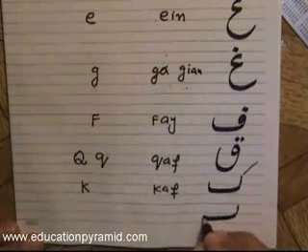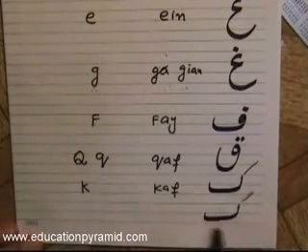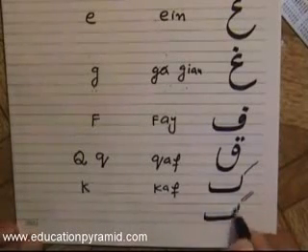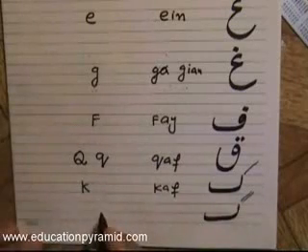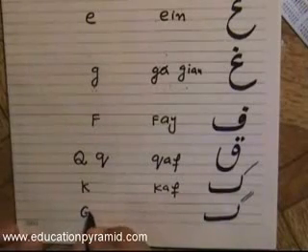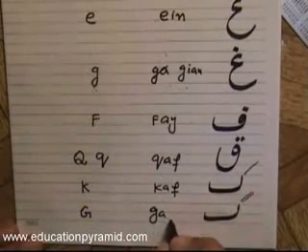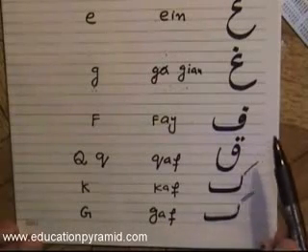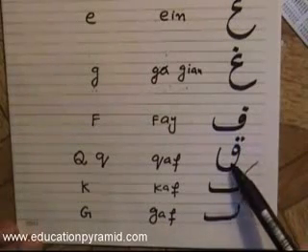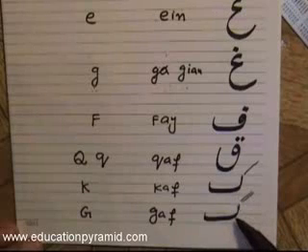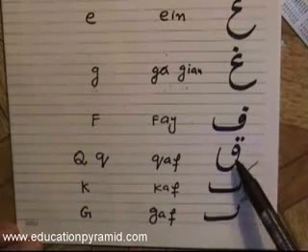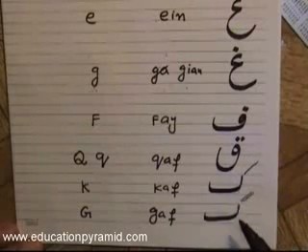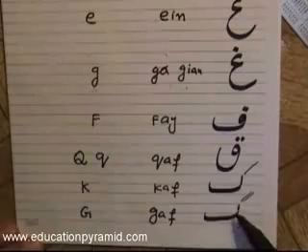Then Gaf, G sound. There are two lines, G sound, Gaf. So now we have Fe, Kaf, Kaf, Gaf.